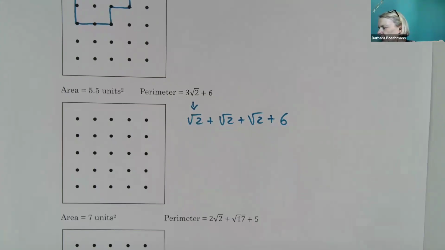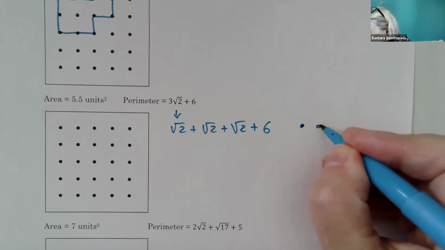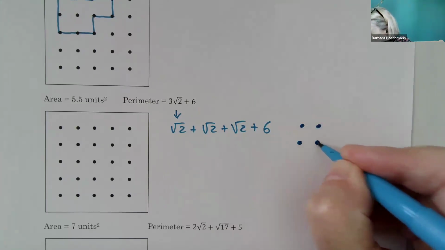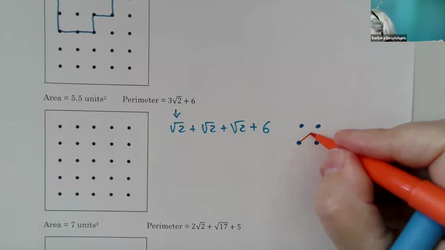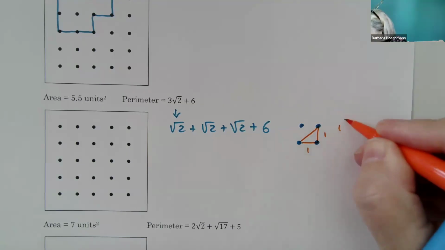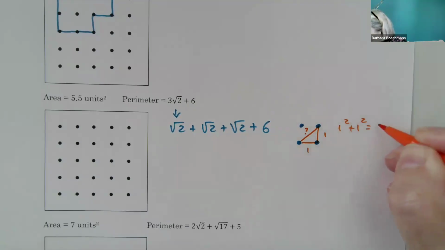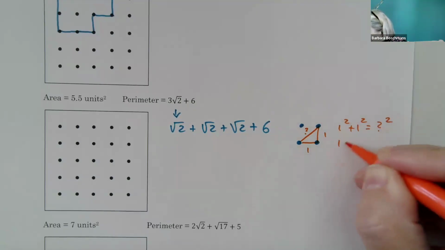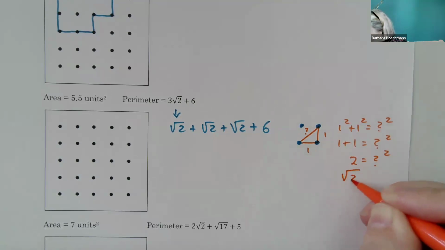And if you remember when we started talking about geoboards, we said that if you have these 4 dots, let's put the right triangle. There's a 1 by 1. We had 1 squared plus 1 squared equals a question mark squared. 1 plus 1 is 2, so question mark squared is 2, the square root of 2.